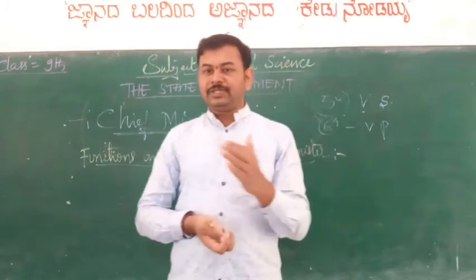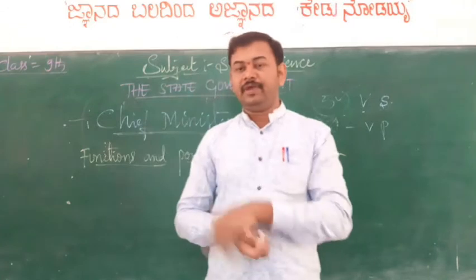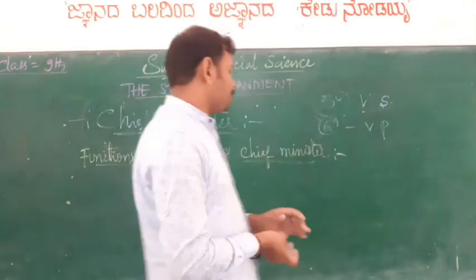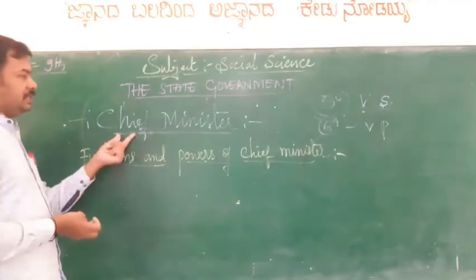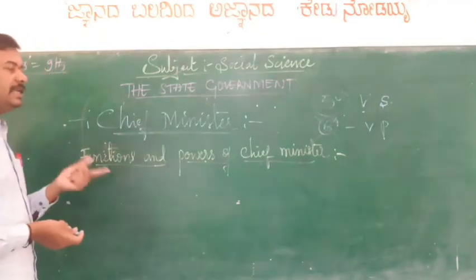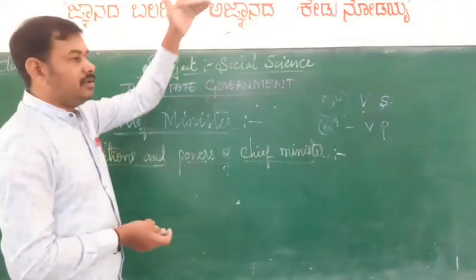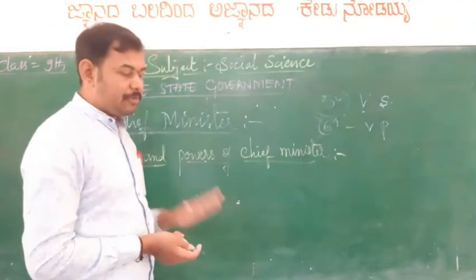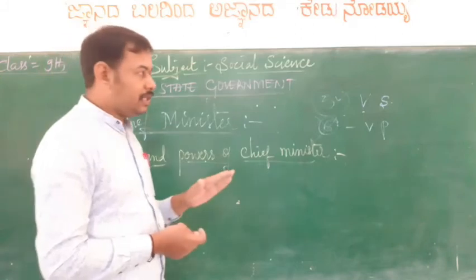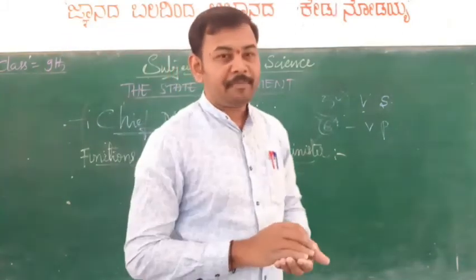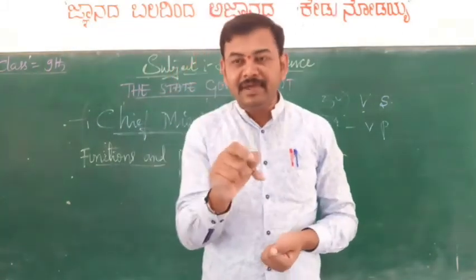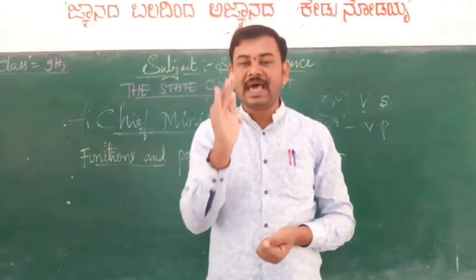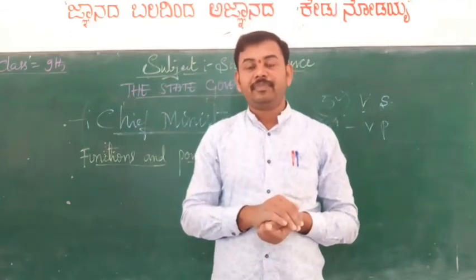Then he acts as the link between the governor and the council of ministers. Dear students, the chief minister acts as the link between the governor at the top and the council of ministers at the bottom. So here, the chief minister stands in between the governor and the council of ministers and acts as the link.